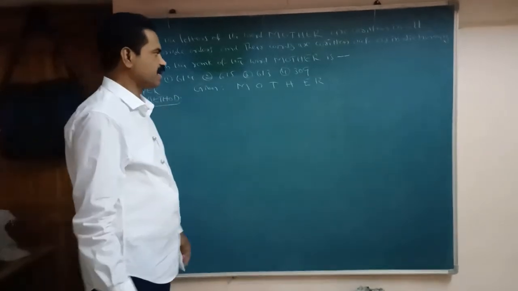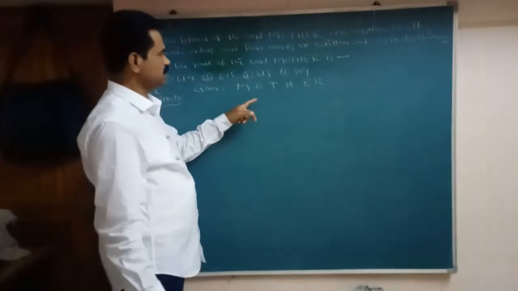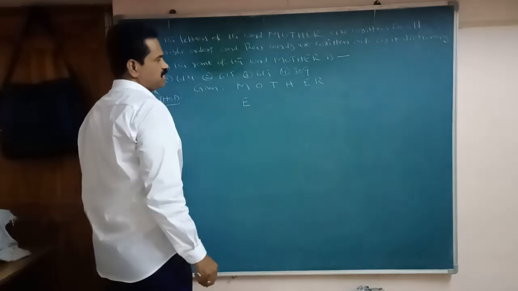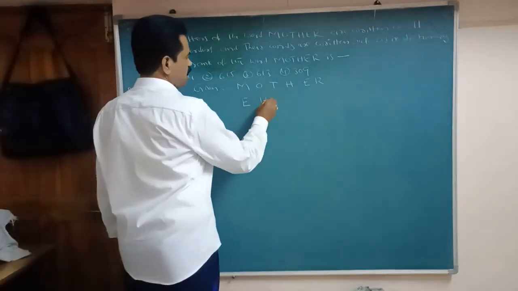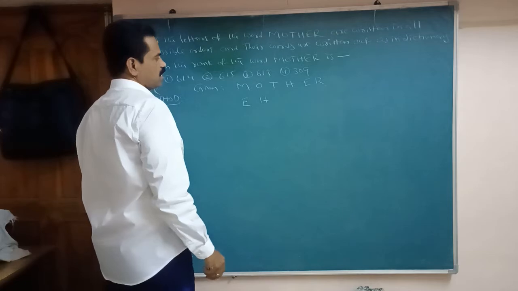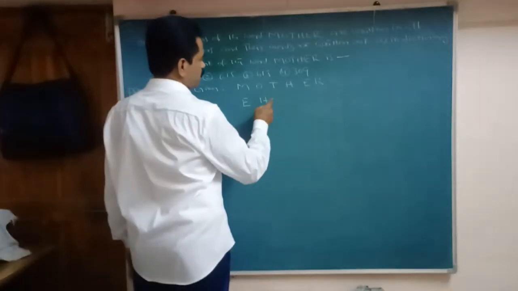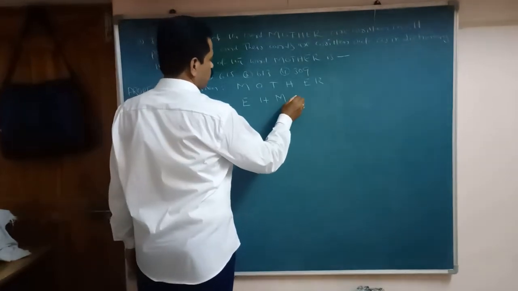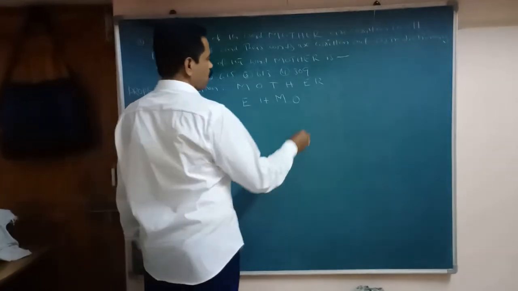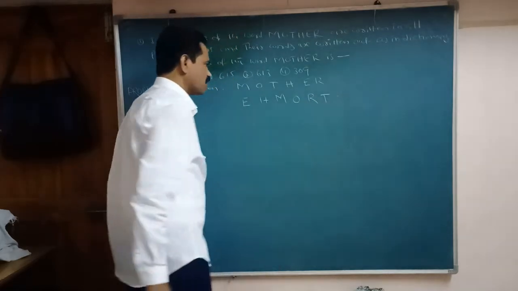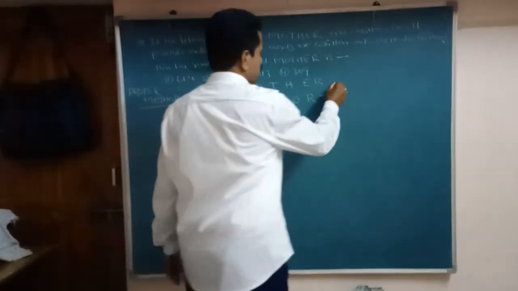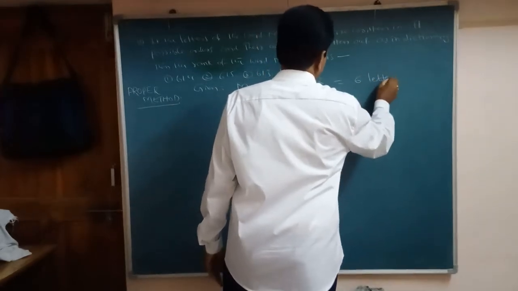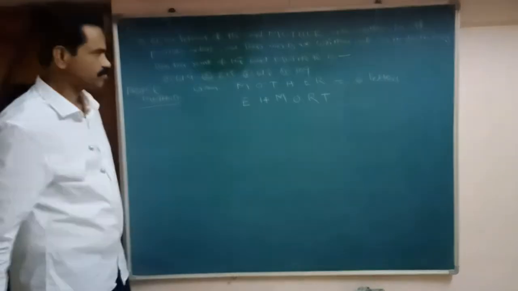Write the alphabetical order down here: A, B, C, D, E, F, G, H, I, J, K, L, M, N, O, P, Q, R, S. It is the alphabetical order. How many letters are in this word? 6 letters, 6 alphabetical letters.